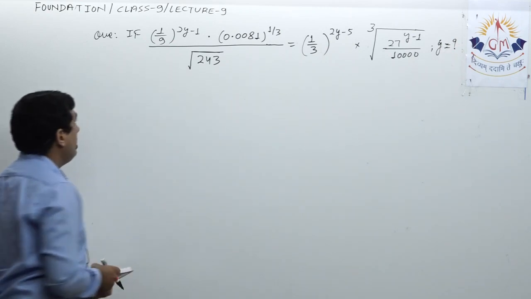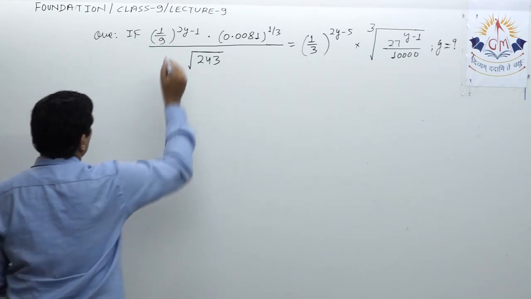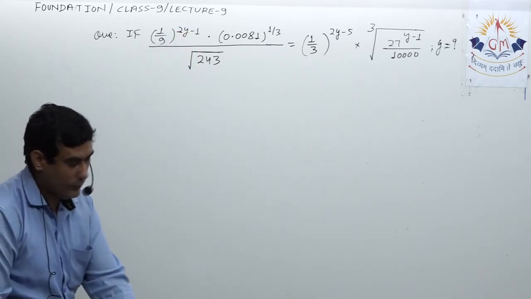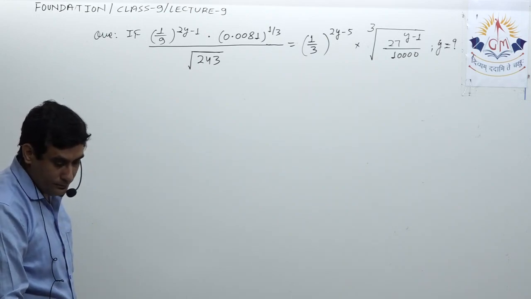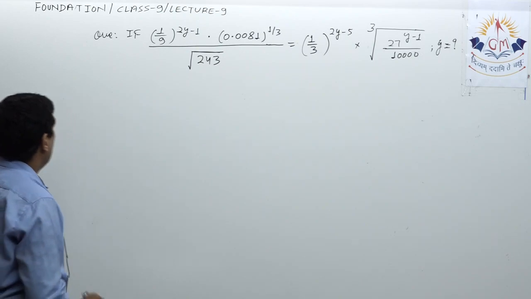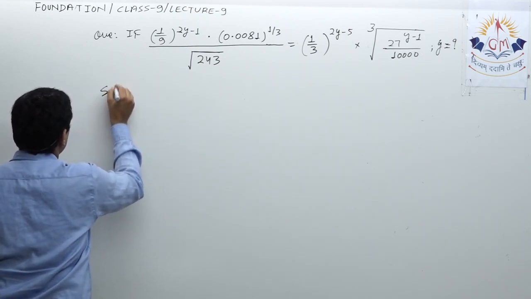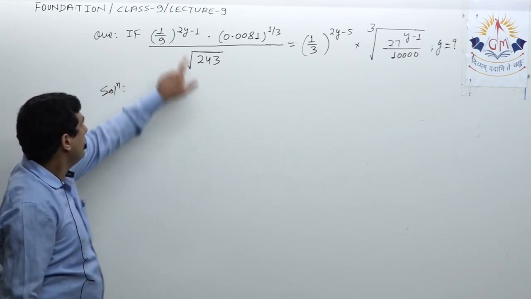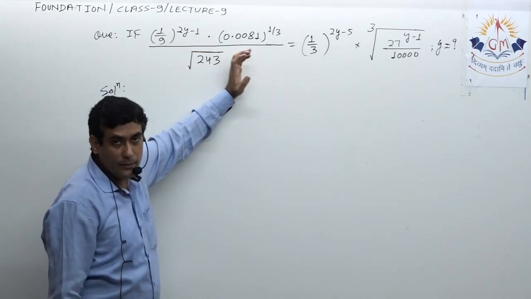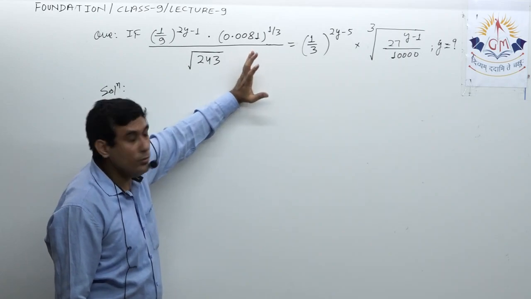1 upon 9 raised to 2y minus 1 multiplied by 0.0081 raised to 1 by 3. Okay, so let us see its solution. Now if you observe one thing, the bases in all terms can be represented in the form of 3 raised to something.